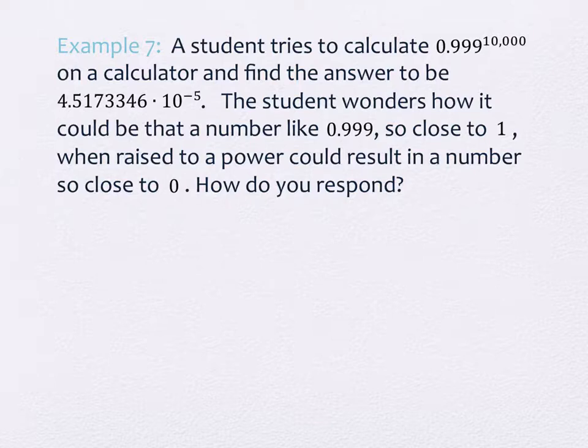Because if you did the number 1 here and you raised 1 to the power 10,000, it would be 1. Yes? So how come something that's almost 1 when raised to that power 10,000 isn't still close to 1? That's what the student's asking. Do you see their question and why it feels a little funny?